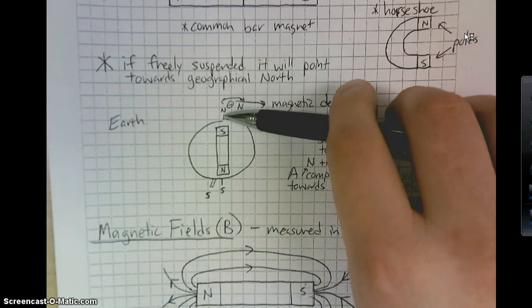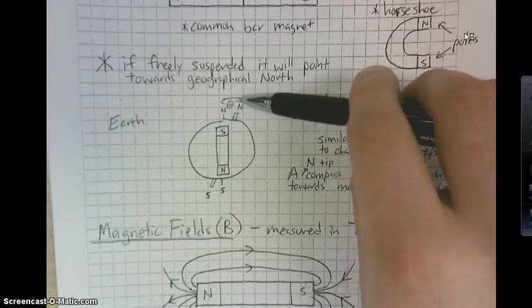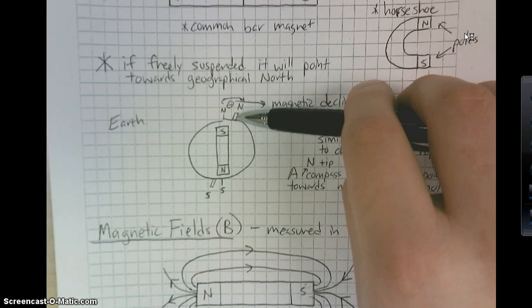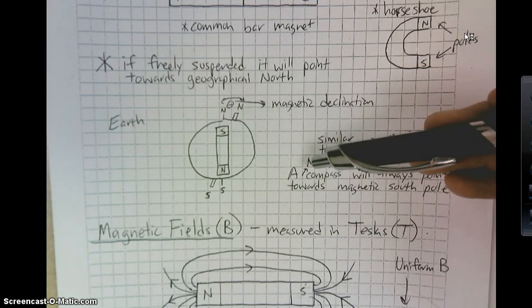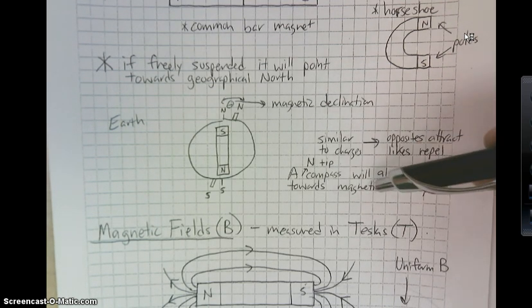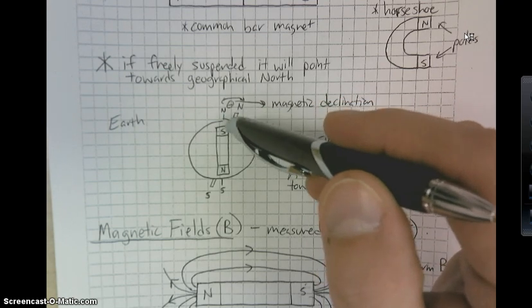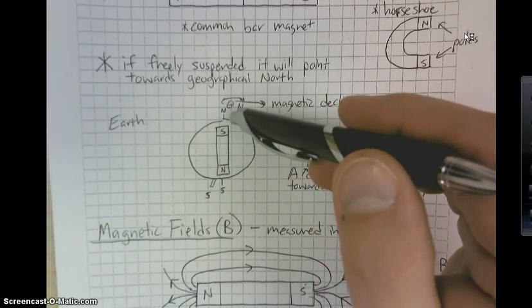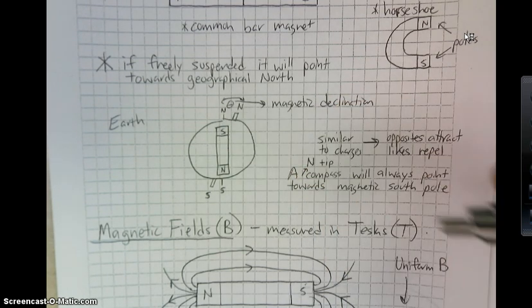But there's also this thing called magnetic declination, which is the angle between geographical north and magnetic north right there. So anyways, a north tip of a compass will always point towards a magnetic south pole. Now I've just listed these as north poles, but keep in mind, magnetically, if we're going to call that the North Pole, it's attracting the northern part of the compass, so it's technically a south pole magnet.